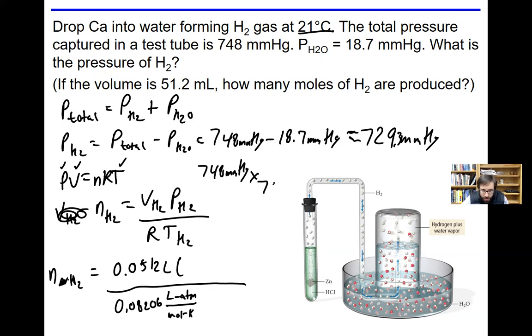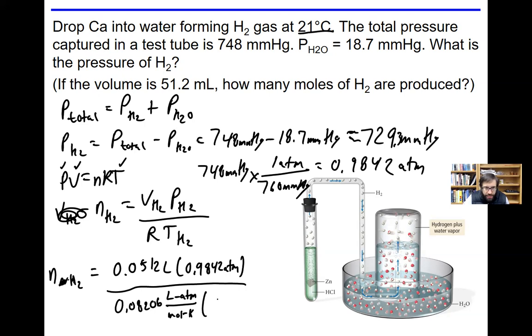And so I know that there's 760 millimeters of mercury for every 1 atmosphere. So I'm going to be some number slightly less than 1 atmosphere. Divide that out, you get 0.9842 atmospheres.